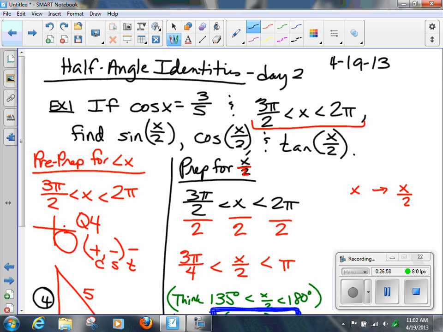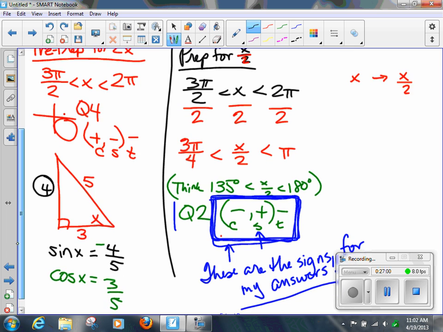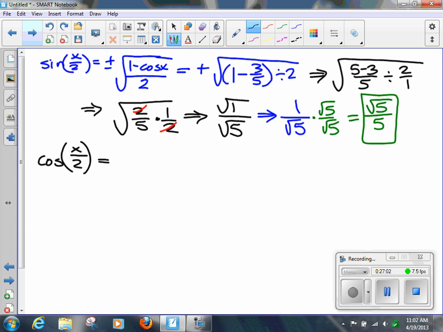Here we go. Cosine. It's a different formula. Oh, I know why I did that. Because I want to go back and look. I want to see which one of these signs in the front of this formula that I can drop.